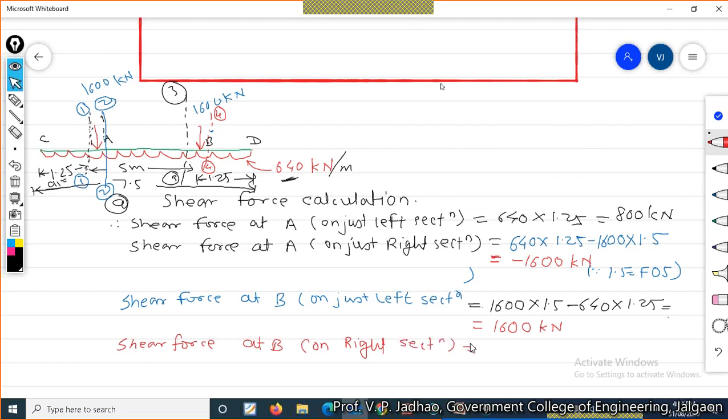Okay, so if we are considering this particular section number 4, then the shear force will be minus 640 into 1.25. So this will be equal to minus 800 kilonewton.